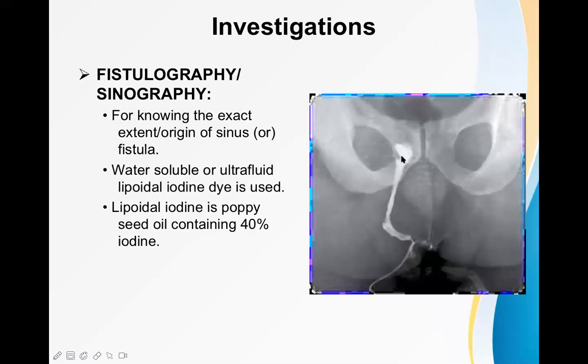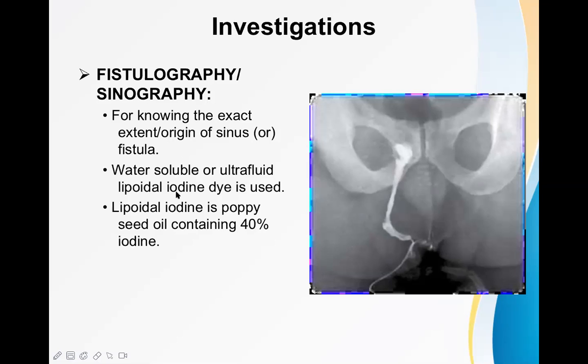Now look at this picture here. They have injected dye with the help of this catheter probably, and this is a tract there. Look at this tract. The radio opaque substance is going inside. So for knowing the exact extent of the origin of the sinus or fistula, we can go for fistulography or sinography.